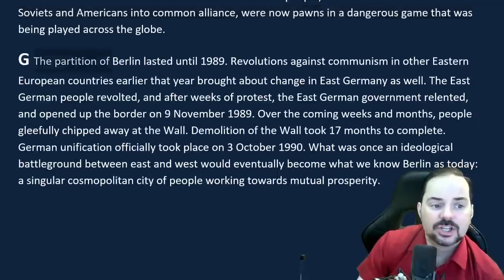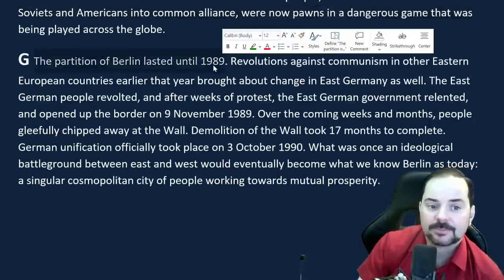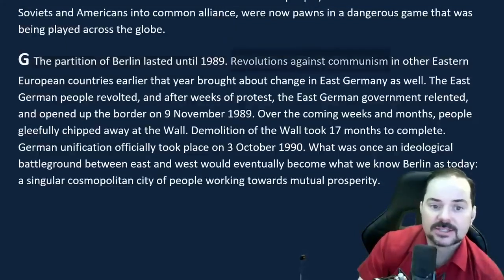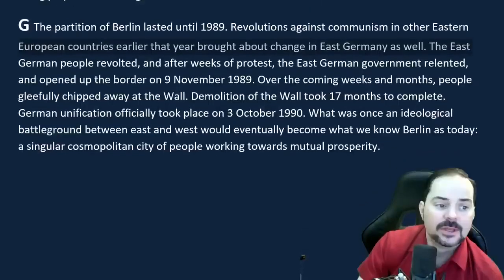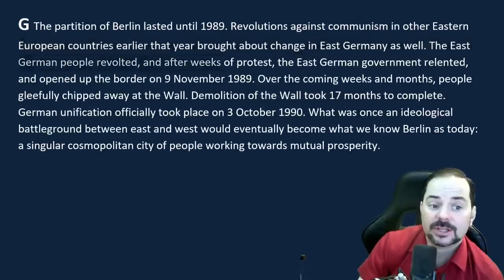The partition of Berlin lasted until 1989. Revolutions against communism in other Eastern European countries earlier that year brought about change in East Germany as well. The East German people revolted, and after weeks of protest, the East German government relented and opened up the border on 9th November 1989.